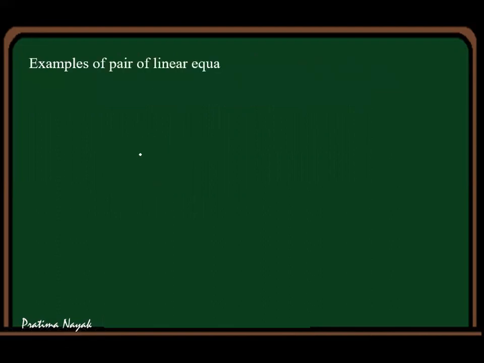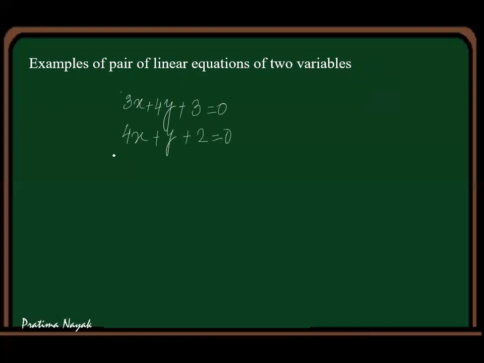Now, examples of pair of linear equations in two variables. That means if there will be two equations with the same format, that means some x, some y, some constant, we say this is the pair of linear equations having the same two variables.